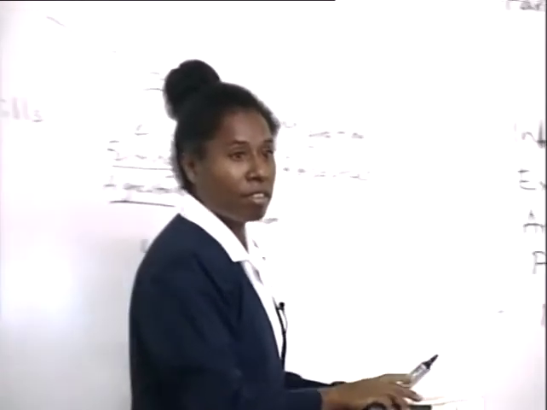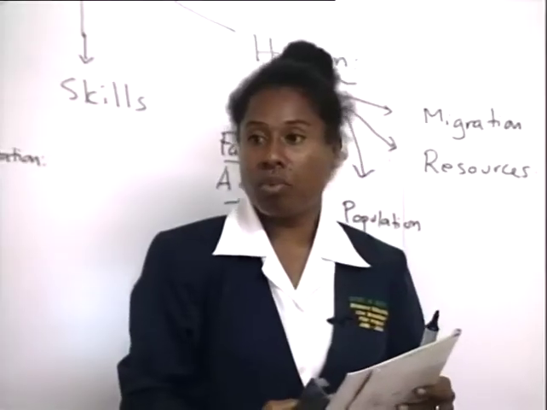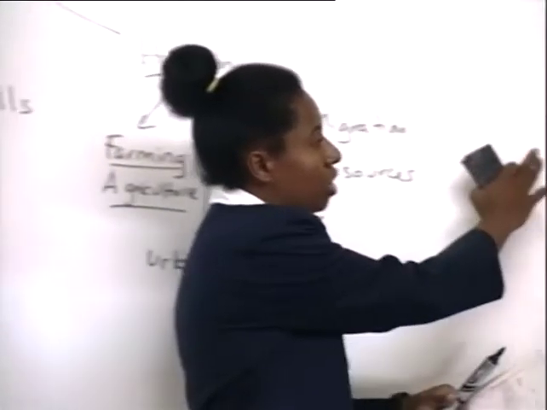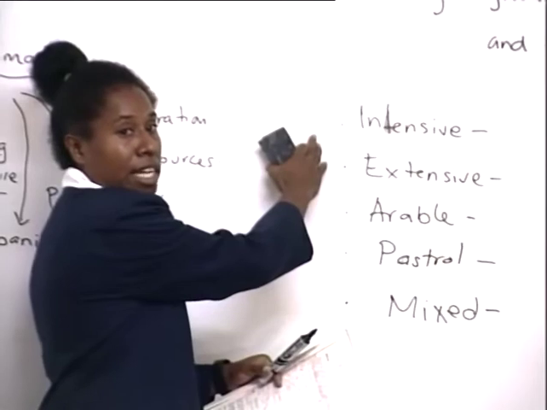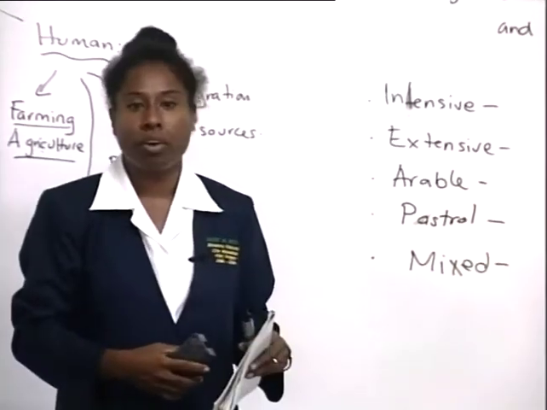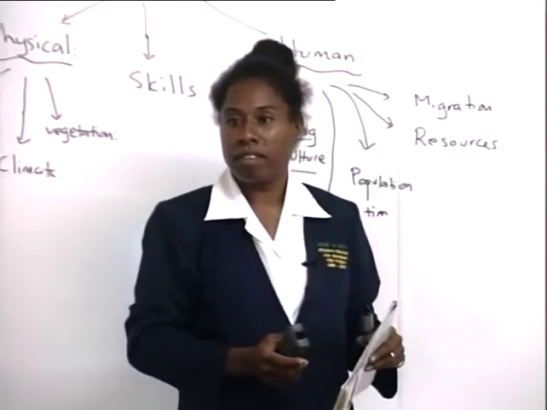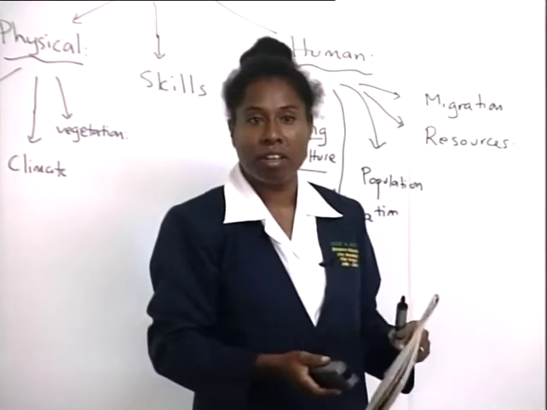Continuous farming in the same area. Perhaps she's correct. Anyone else would like to try and give us what you think intensive farming is? She says it is continuous farming in the same area. Possible, could be correct. What are the rest of you thinking? Are you thinking the same as what Dorothy has come up with?